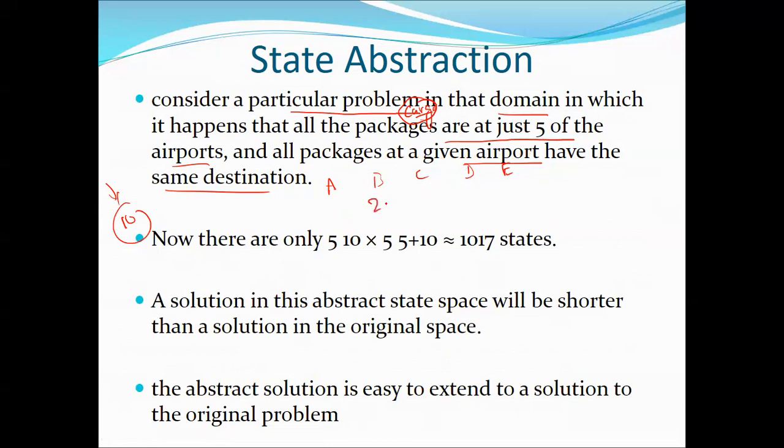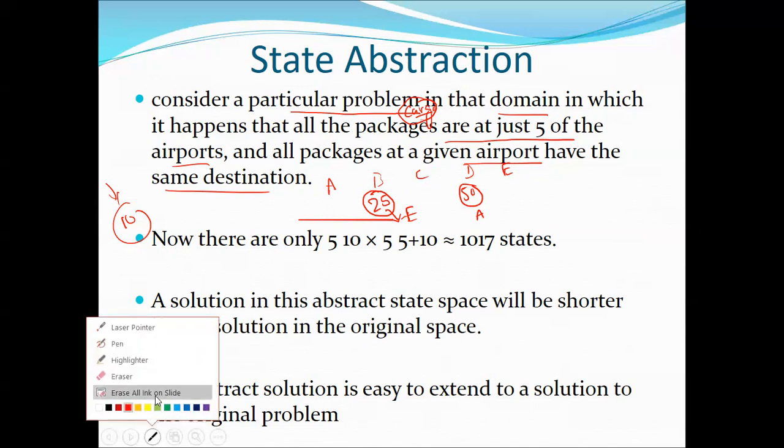So if there are 25 packages in B, then all these 25 packages have the same destination. That is, if the destination of any one of the packages is E, then the destination of all 25 will also be E. If there are 50 packages in airport D, then all these 50 packages will have the same destination, say A, and so on and so forth. That's what it says. Okay.